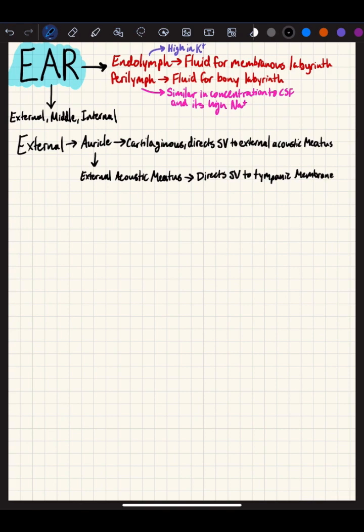Wink, wink. And the secondary function of this is it actually contains ceruminous and sebaceous glands, which clean your ears out.